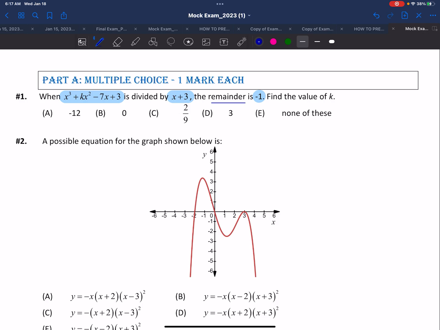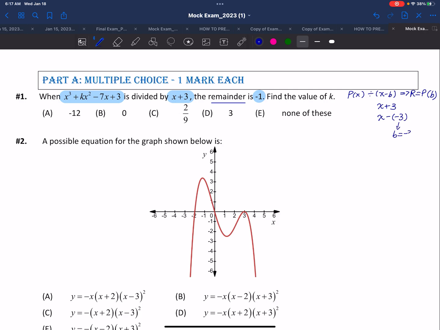If you remember, the remainder theorem states that if we're dividing a polynomial p(x) by a binomial of the form x minus b, then the remainder would be equal to the value of the polynomial at b. In our case, the divisor is x plus 3, which tells us that we must have subtracted negative 3 from x, and that would give us the value of b.